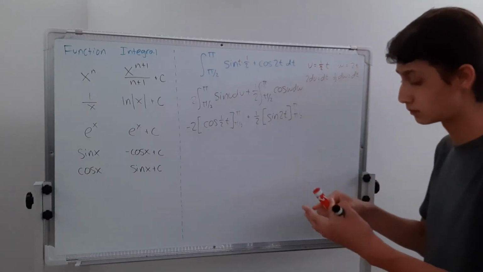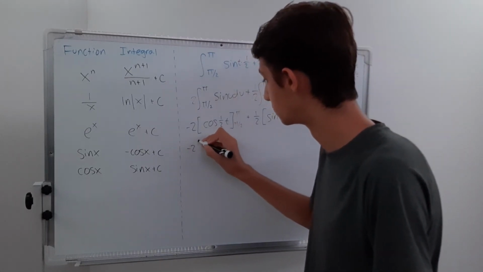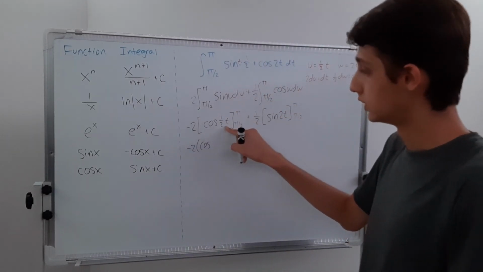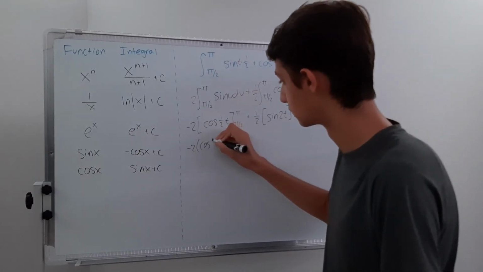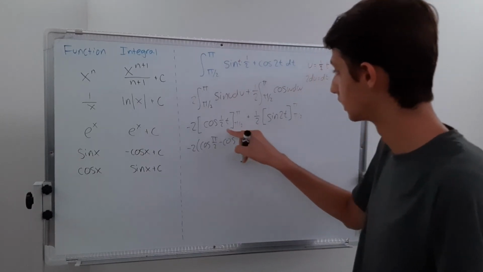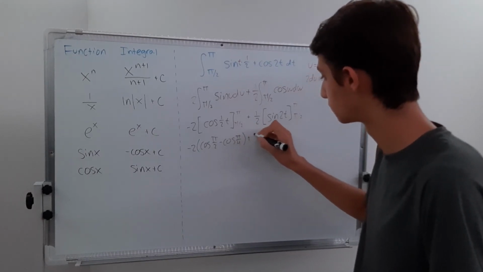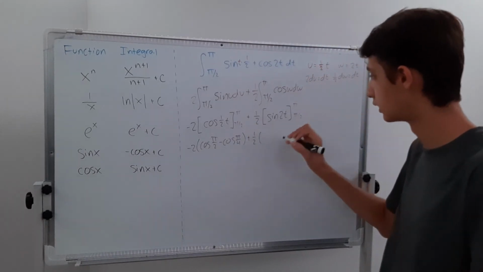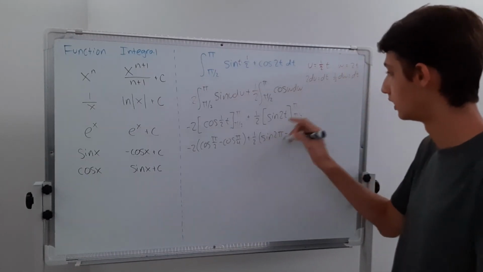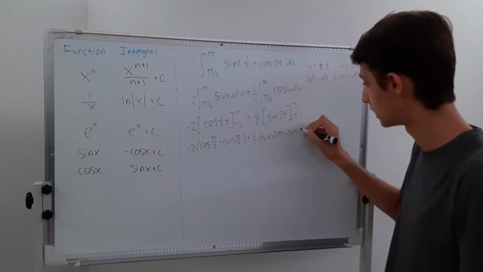Okay, so again, we have to evaluate each one individually. So we have -2 times cosine of, so if t is pi, then it's just going to be pi over 2, so cosine of pi over 2 minus cosine of, so this is going to be pi over 4, plus 1/2 times sine of 2 pi minus sine of 2 times pi over 2, which is just going to be sine of pi.